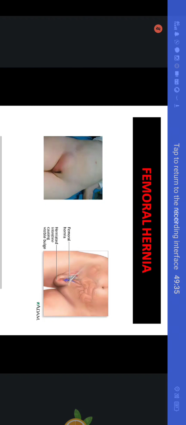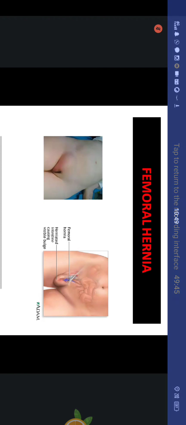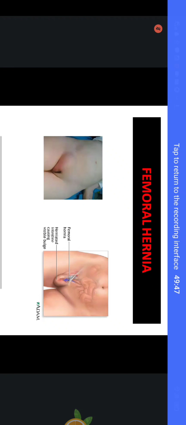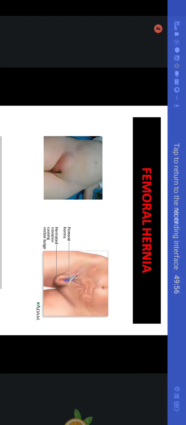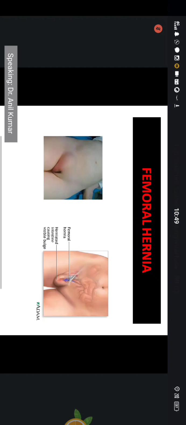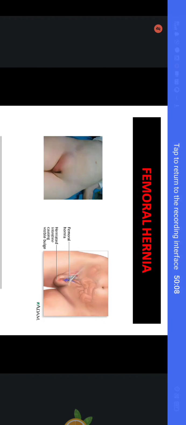These femoral hernias are common in females because of the wider pelvis, and usually the abdominal contents will be pushed into the upper thigh region through this femoral canal, which is seen in the femoral sheath. The femoral sheath consists of 3 compartments. What are they? Medialmost is the femoral canal. And what are the remaining 2? One is for the artery and another is for the vein.